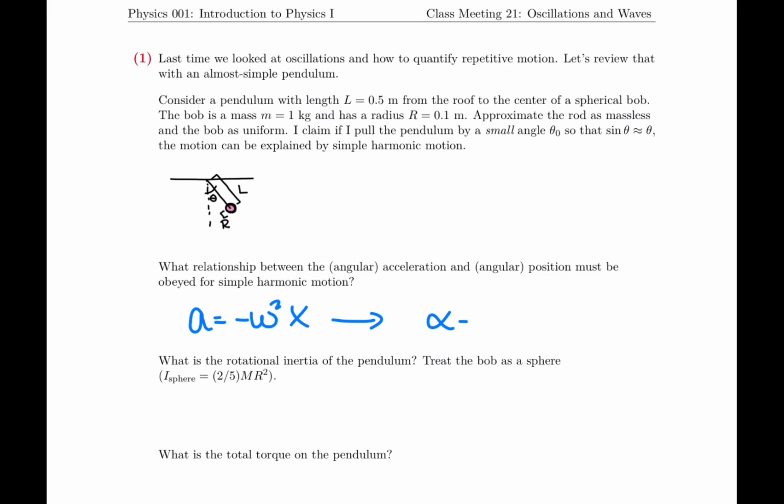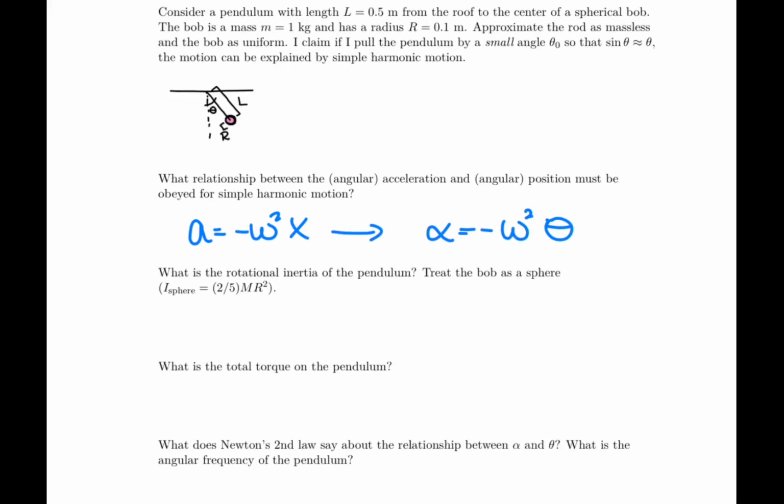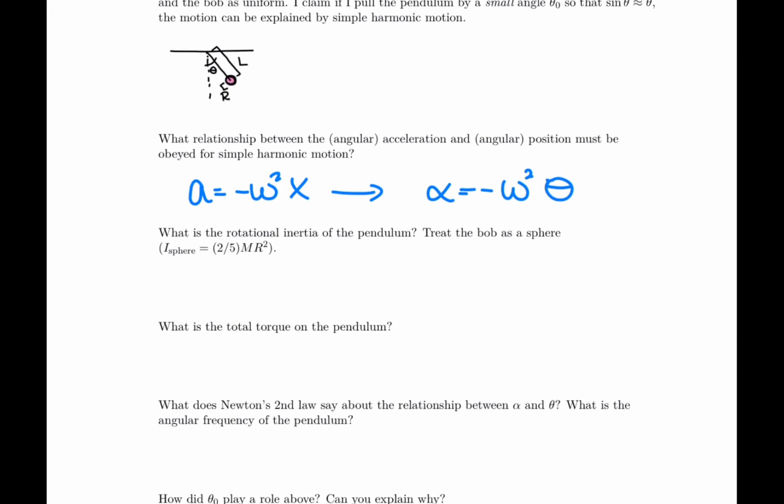So then the angular version is something like this. If I can show the angular acceleration is negative a number times theta, that is simple harmonic motion, for this pendulum that is oscillating around the vertical position.